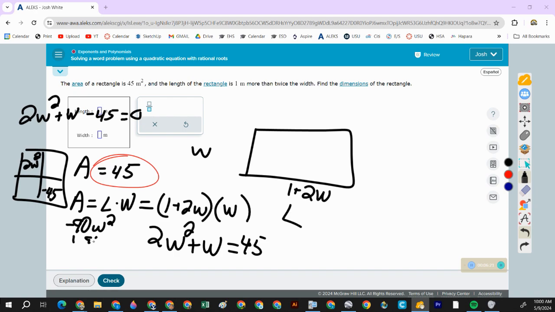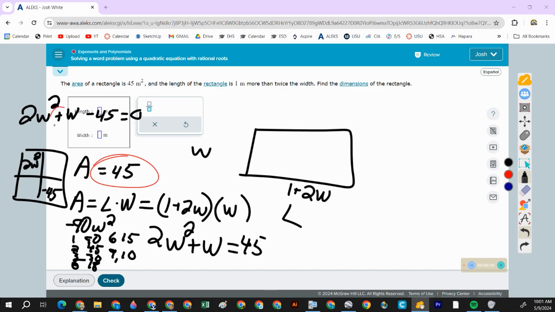So 1 and 90 doesn't work. 2 and 45. 3 and 30. 4 doesn't work. 5 and, what would that be? 18. 6 and 15. 7, 8, 9, and 10. There it is.